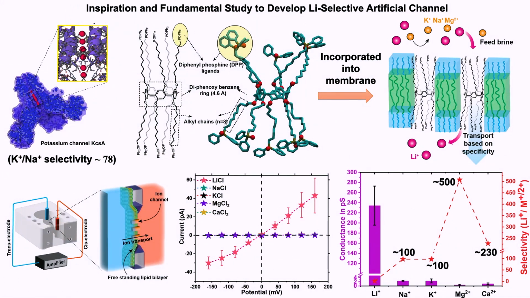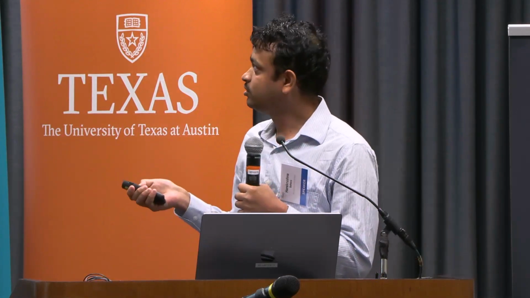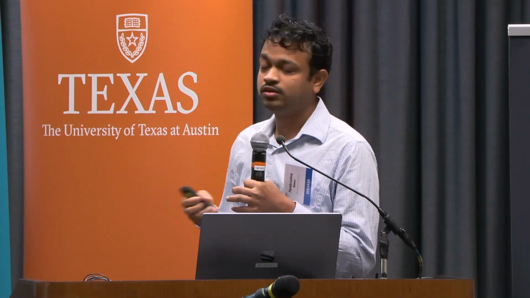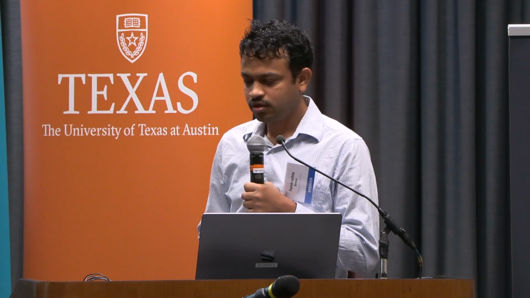Because of the strong interaction, those ions get stuck there. The lithium has a very moderate interaction here and with the oxygens, and it just hops through this channel. For the magnesium, it doesn't get any interaction from the functional groups, and the hydrated size is very big to pass through. So to your question, it is actually a combination of the affinity and the size.